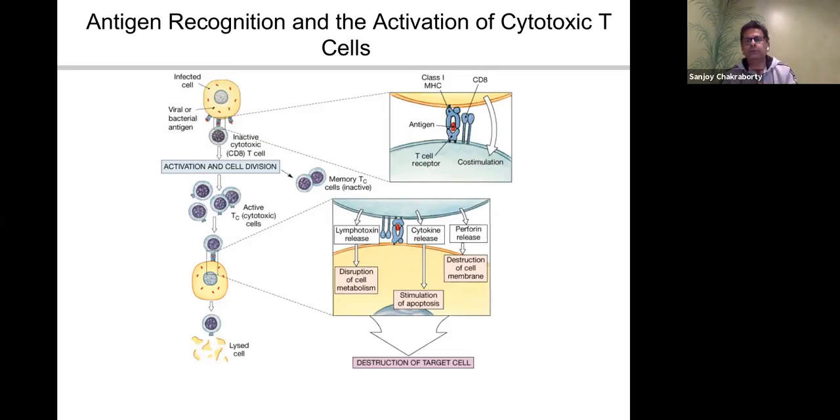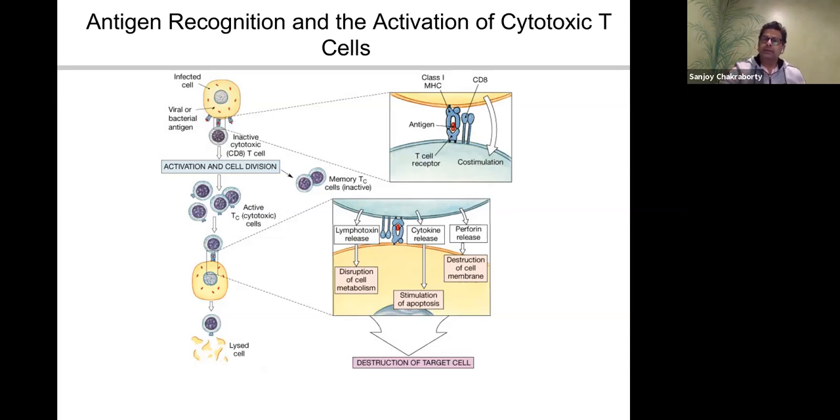Once they co-stimulate and make sure that it's infected, then the T cell undergoes cell division. Because remember, it's not a fight one against one, it's a fight of millions versus millions. When it is microbiology, it's not like one cell is infected. Let's say bacteria infect 1 million cells. So now your T cells undergo cell division.